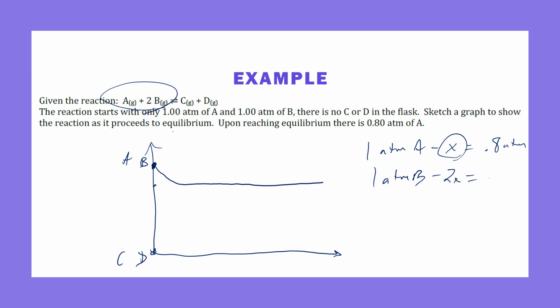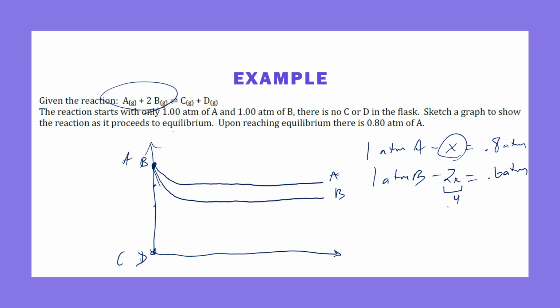So you'll wind up with 0.6 atm for B, because this is 0.4. So here-ish for A and B. And again, that's because you're using up B twice as fast as A.